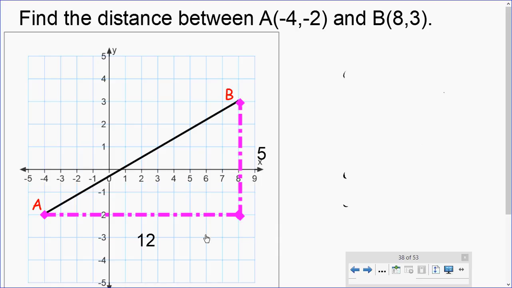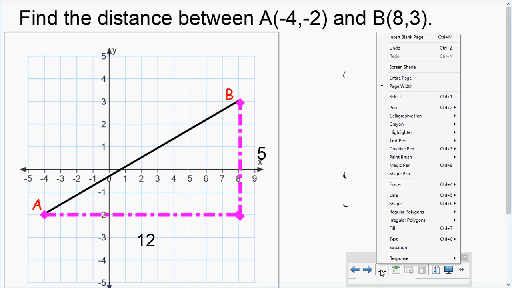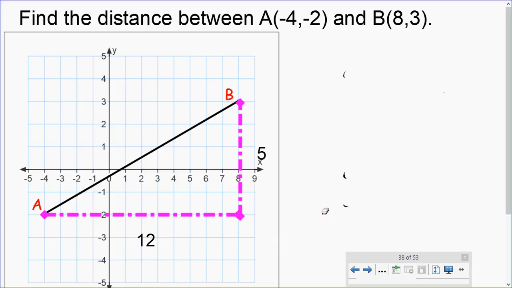Now that we know that, we can use our Pythagorean theorem to find this hypotenuse, because we have a right triangle here. If you remember, the Pythagorean theorem says a squared plus b squared equals c squared, and some people like to use the formula c is equal to the square root of a squared plus b squared.